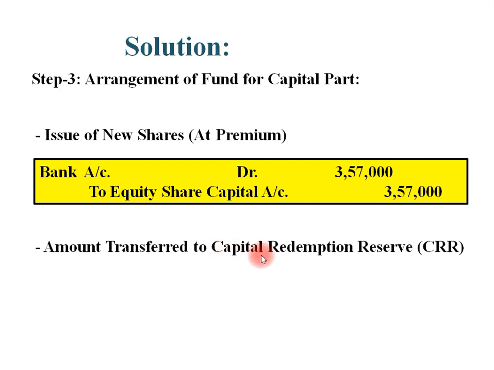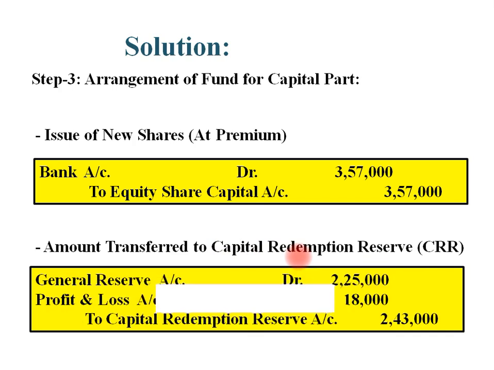Amount transferred to capital redemption reserve CRR. 2,25,000 transferred from general reserve account. So general reserve account debited 2,25,000. Profit and loss account debited 18,000 to capital redemption reserve account 2,43,000.